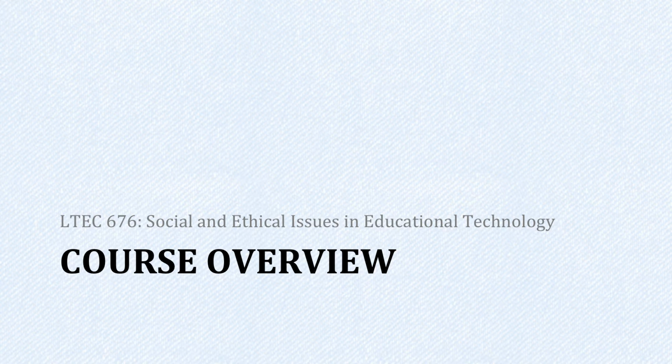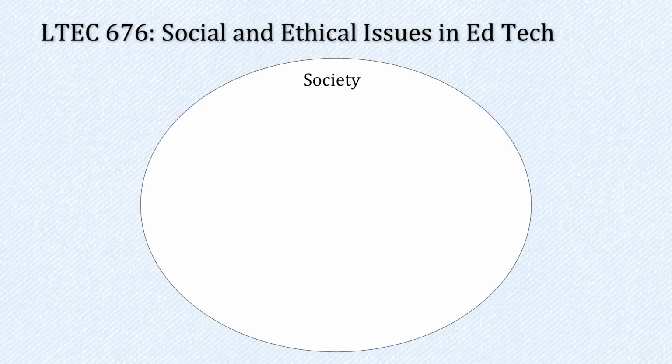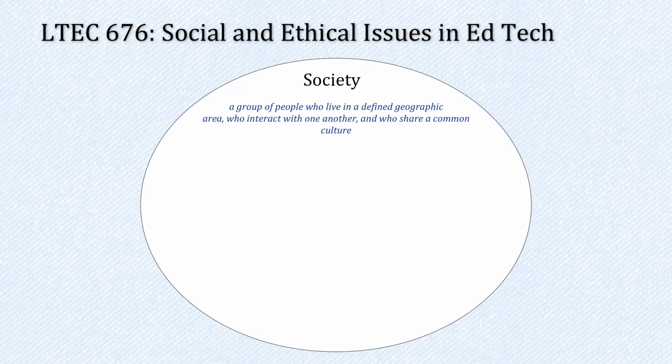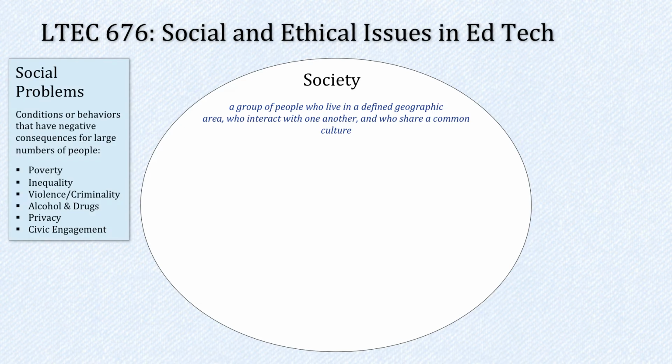So what is a course called the Social and Ethical Issues in Educational Technology all about? Well, at the highest level, it is a course about society, which we'll define as a group of people who live in a defined geographic area, who interact with one another, and who share a common culture. Of course, all societies, in particular our 21st century society, have what we call social issues or problems.